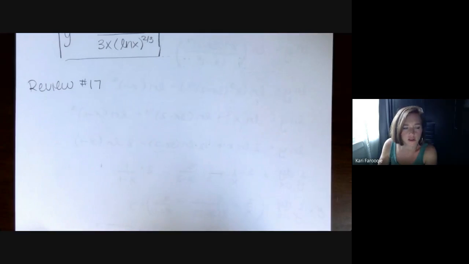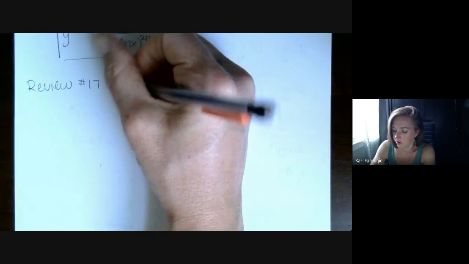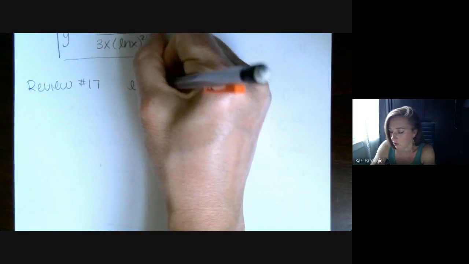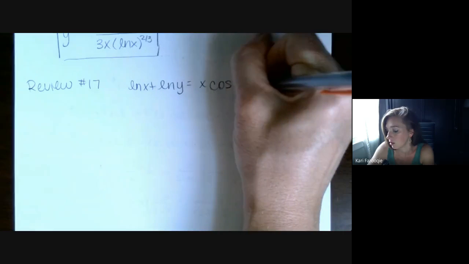This one, it looks like doesn't even iterate. Everybody should have the same one. Natural log x plus natural log y equals x cosine y.